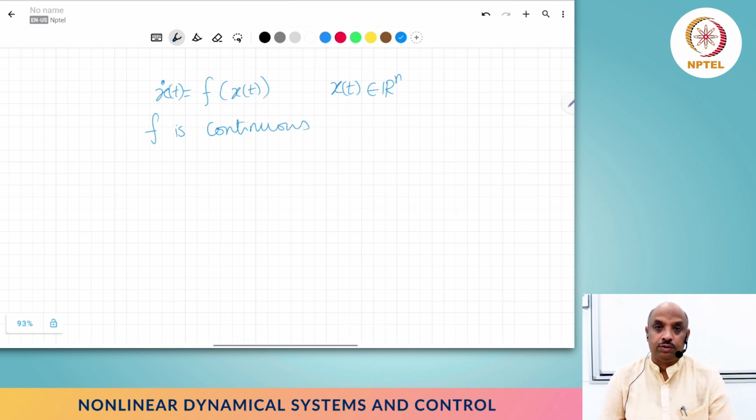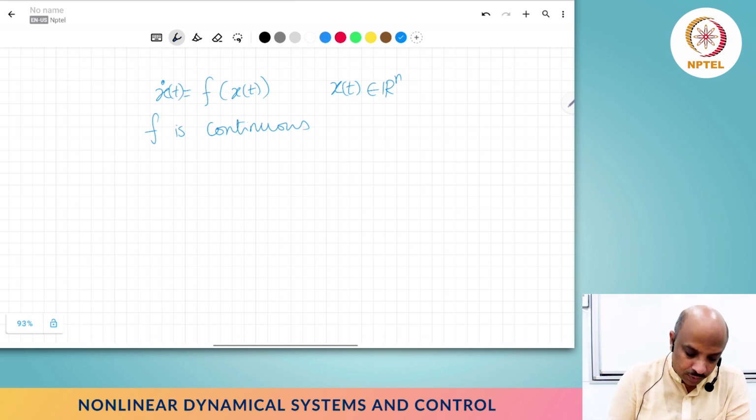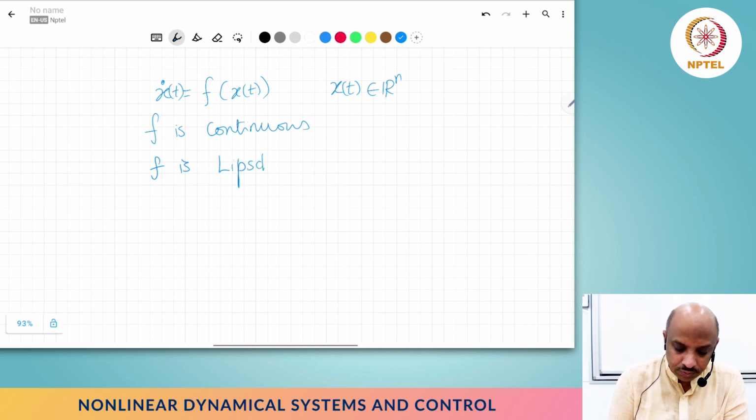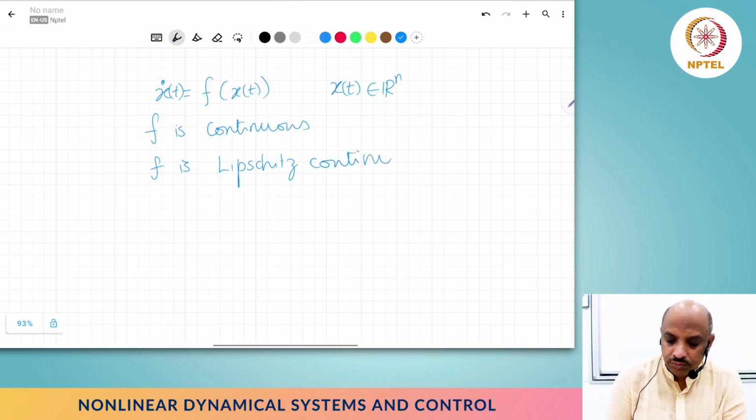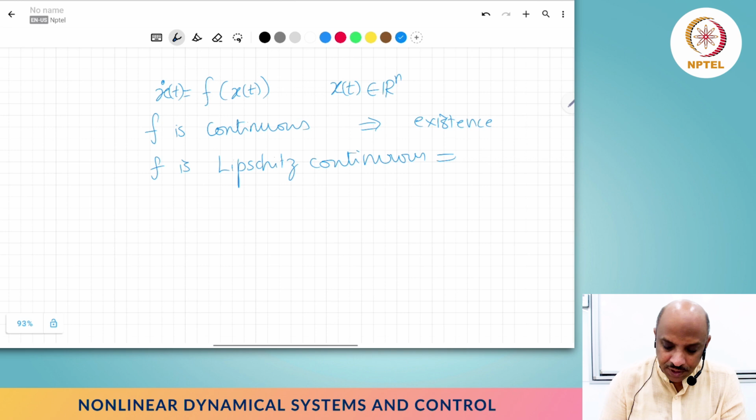However, we cannot have any guarantee of uniqueness or anything like that. So we needed an additional condition. Continuity simply guarantees existence. Lipschitz continuity gives existence and uniqueness, right?